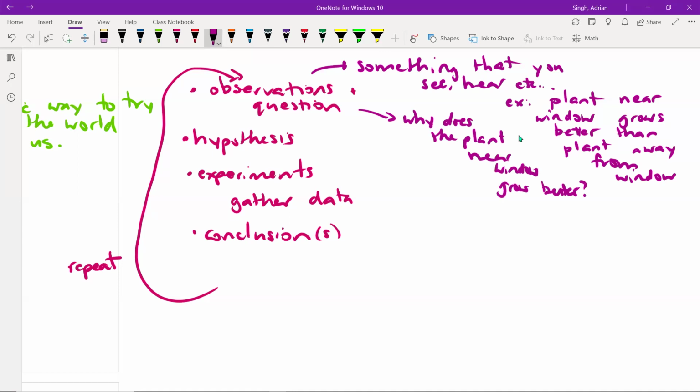So based on those observations and the question, we can then come up with a hypothesis. And the hypothesis really is nothing more than a testable, tentative explanation for those observations.